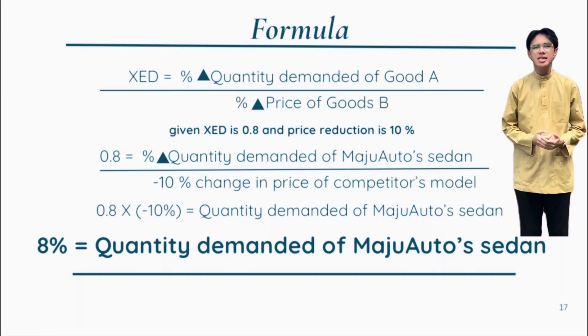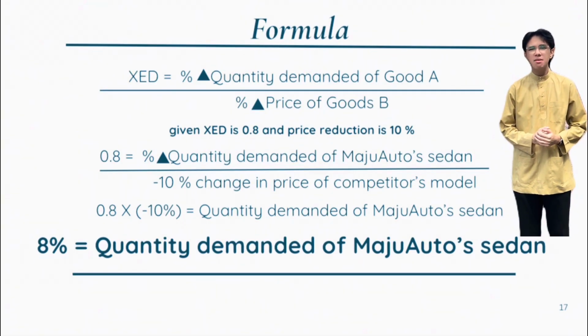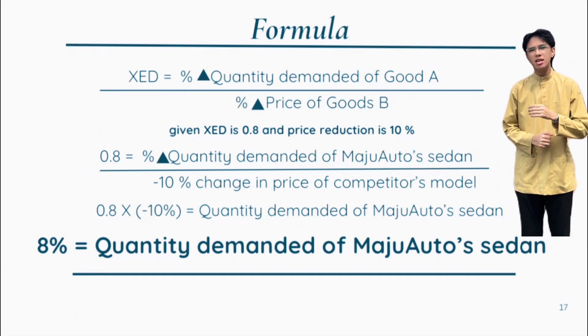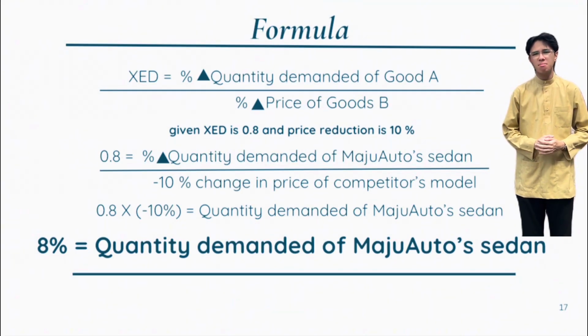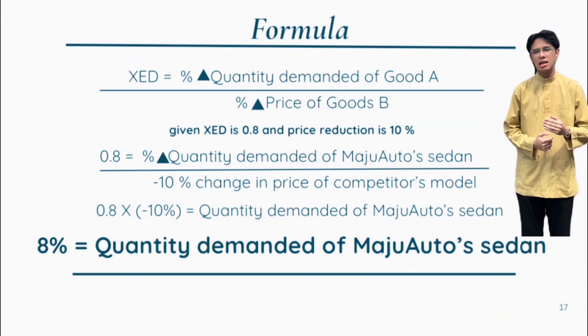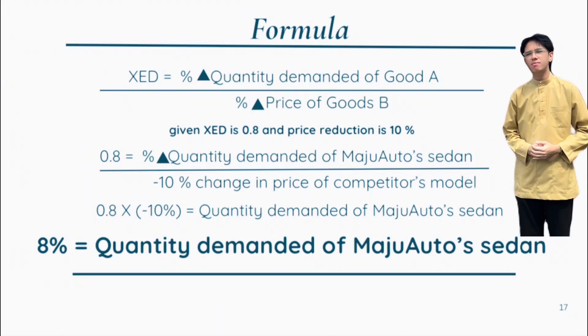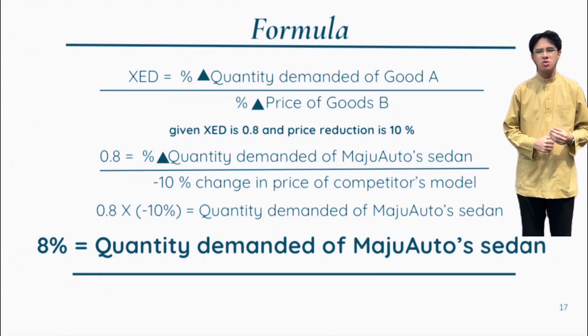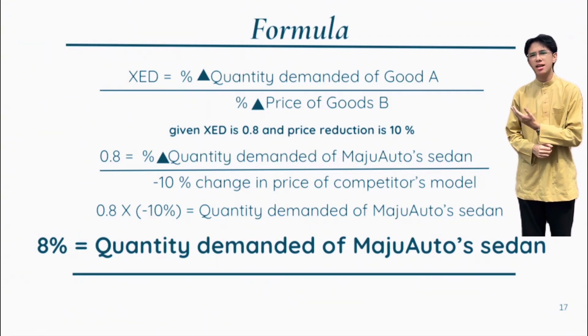Well, first of all, we need to insert the formula of cross-elasticity of demand, which is the percentage change in quantity demanded of good A divided by the percentage change in the price of good B. Given that the XED equals 0.8 and the price change is 10%, this means that 0.8 equals the percentage change in quantity demanded of Maju Auto sedan over the 10% price change of the competitor's model. So the calculation gives exactly 8% change in the quantity demanded of Maju Auto sedan.